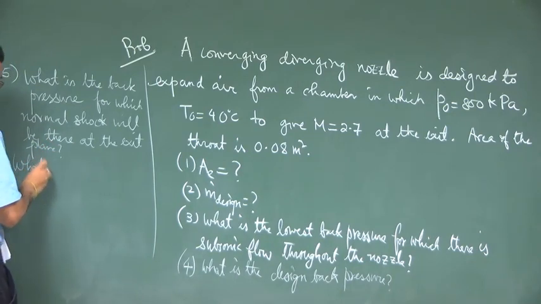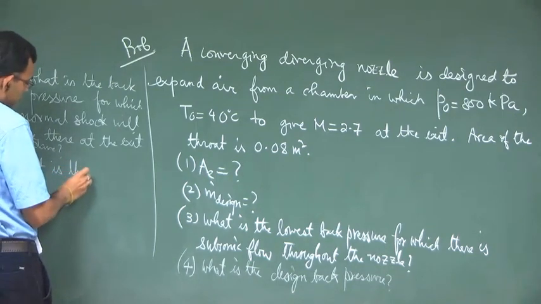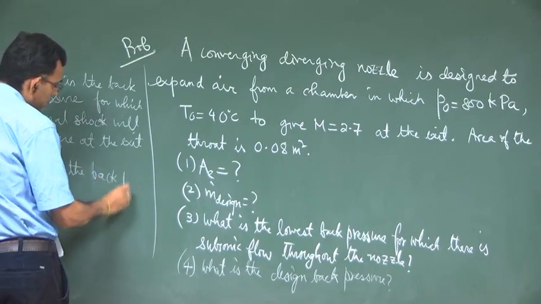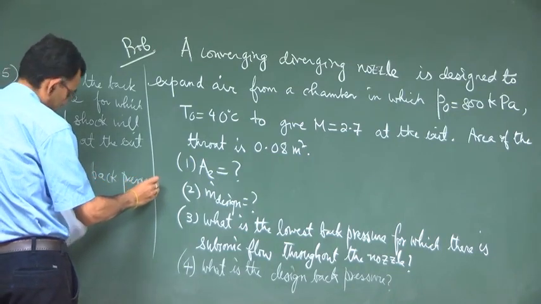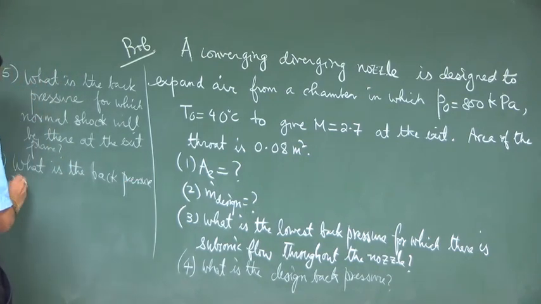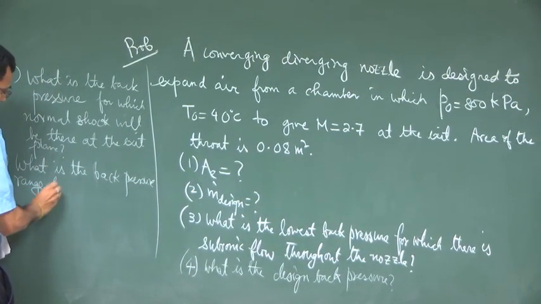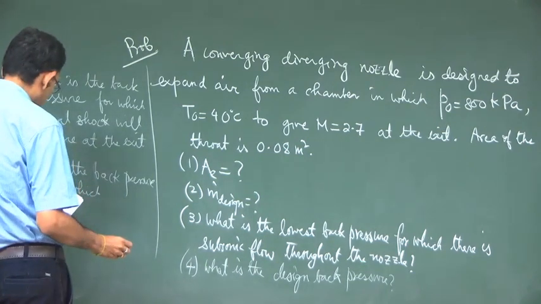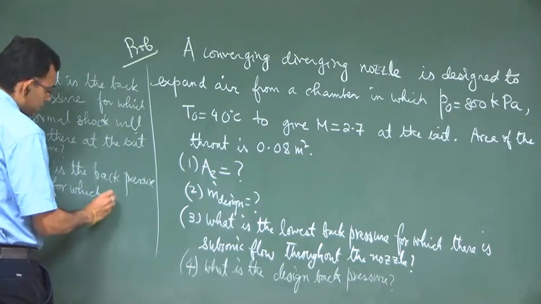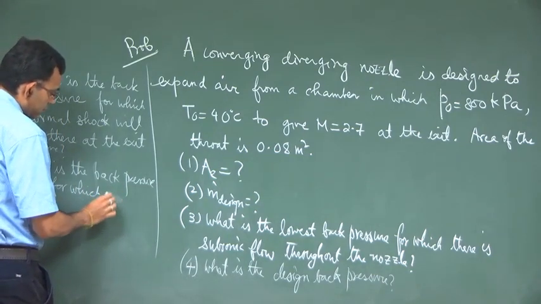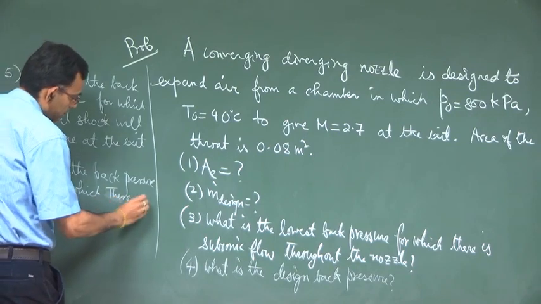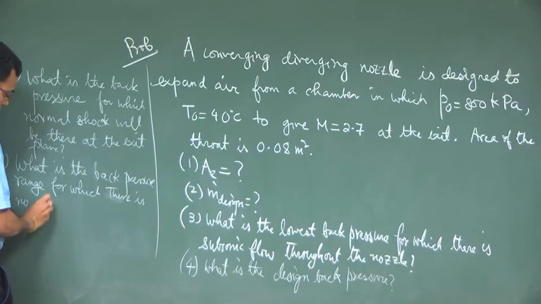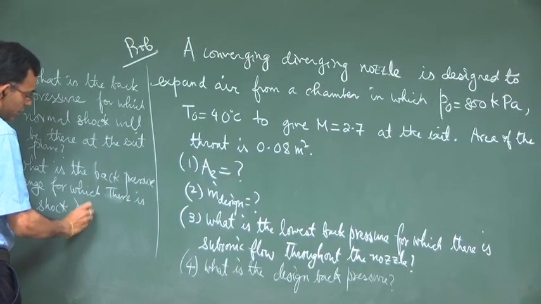What is the back pressure, rather back pressure range, for which there is no shock inside the nozzle?